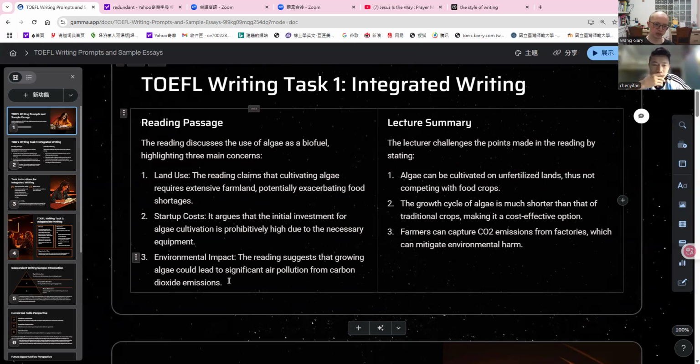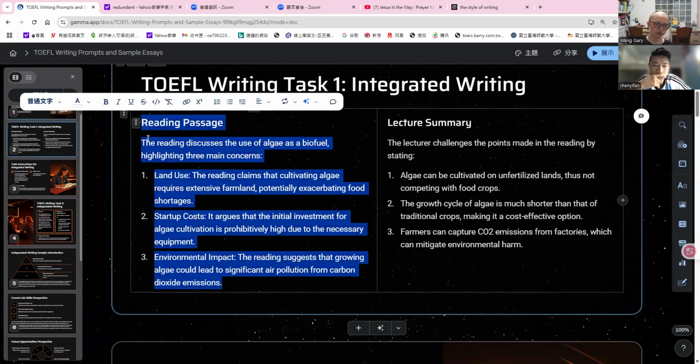Could you read the three points once again? Land use. The reading claims that cultivating algae requires extensive farmland, potentially exacerbating food shortage. This is a higher level word. Exacerbating.